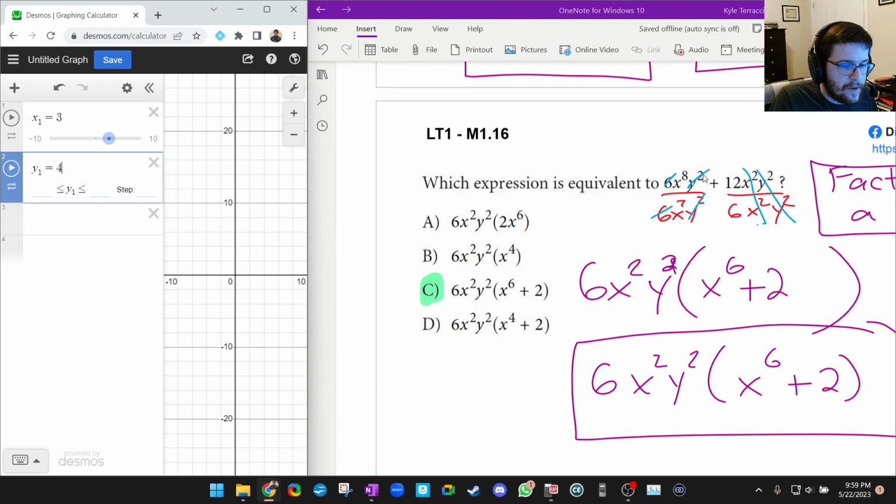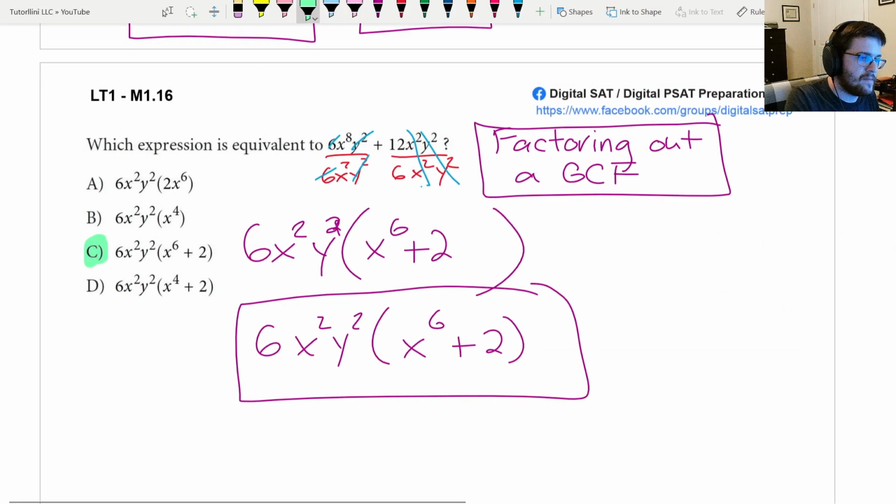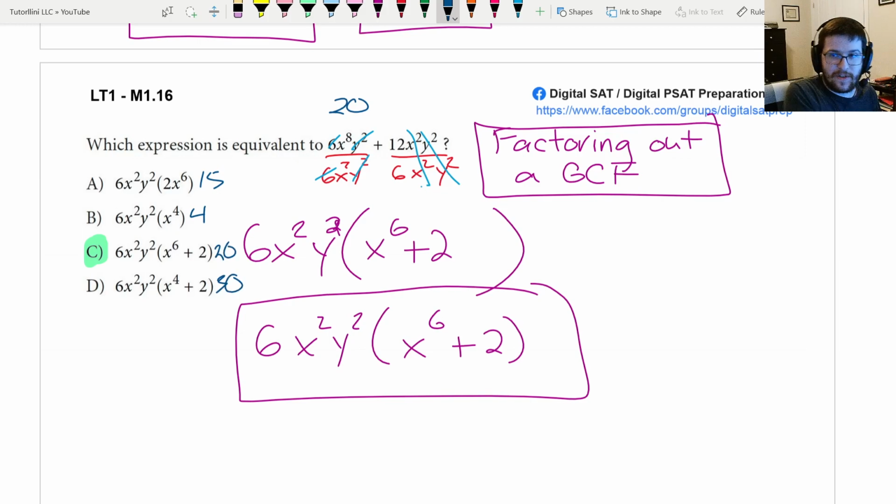And then whichever one matches the one in the problem is right. So let's say you got 20, 15, 4, 20, 30, you know it's C, right? So even if you didn't know what to do, you could use the calculator to kind of guess and check.